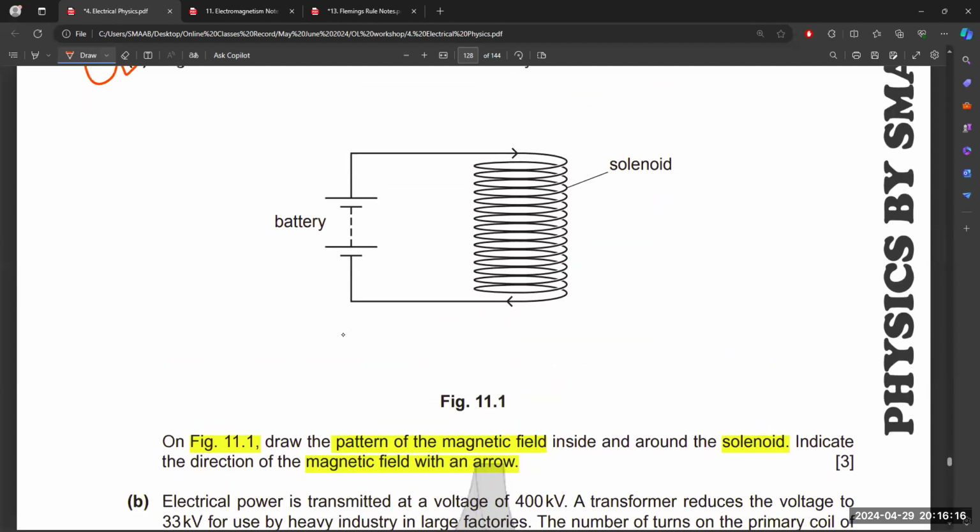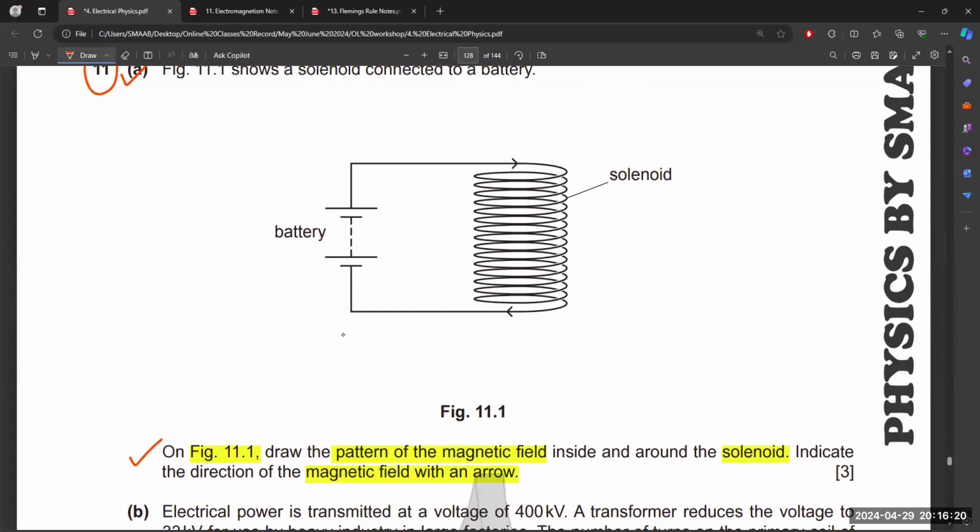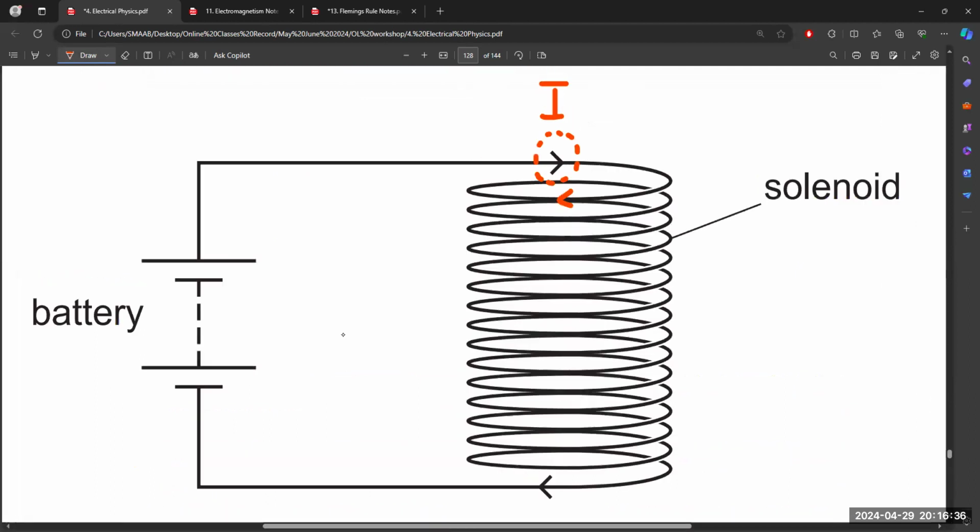Okay. So first of all, you have to draw this diagram. Current is moving in this direction, and it will move in this direction from the front of the coil. If we zoom in on the diagram, you can see current moves from the front of the coil towards left, and it will move towards right from the back side of the coil.